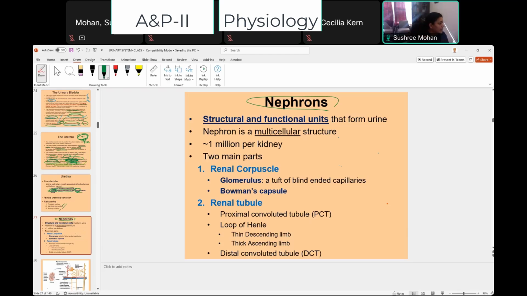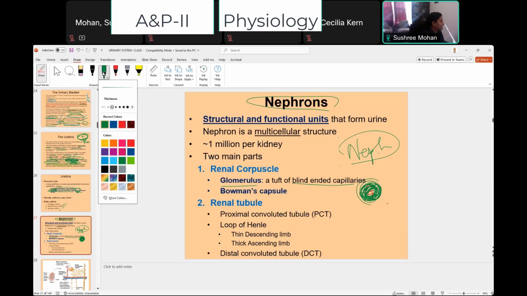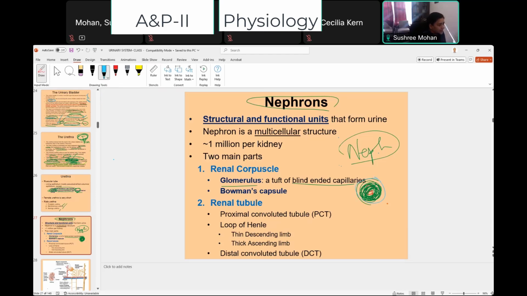So how does it look? If you're talking about a nephron, it's going to look like a tuft of capillaries, a tuft of coiled, blind-ended capillaries. That is the glomerulus. Now it is present in a capsule, and we are going to call the capsule Bowman's capsule.